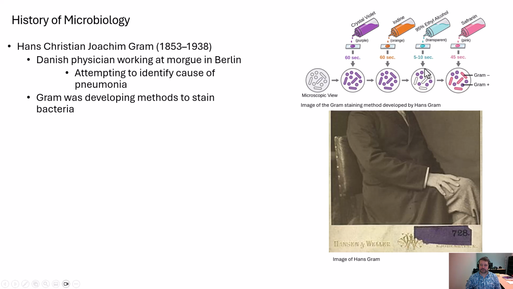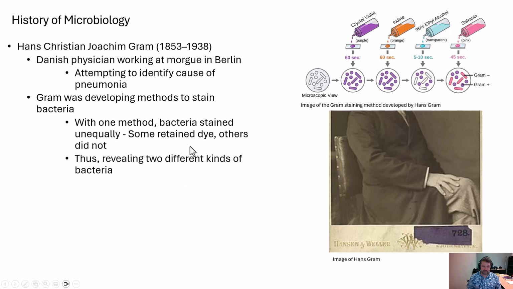Then you can apply a stain like safranin, which dyes lipid-based structures pink or light red, and then you can determine the difference between two types of bacteria: a gram-positive, which has a large, thick peptidoglycan layer, and a gram-negative, which has a very small peptidoglycan layer and then a capsule on the outside of that.